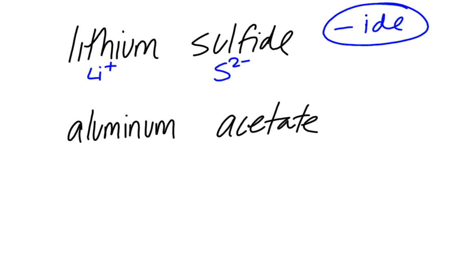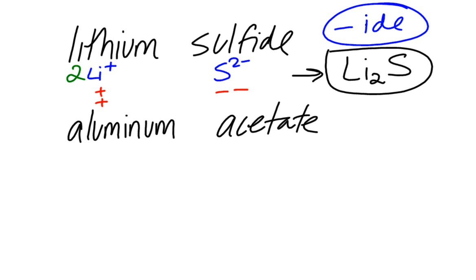So if I look at the charges here, I have one positive and I have two negatives. If I put those two things together, I would not get a neutral compound. I would need 2 lithium ions to form the neutral compound, and that neutral compound being Li2S, and that's lithium sulfide.